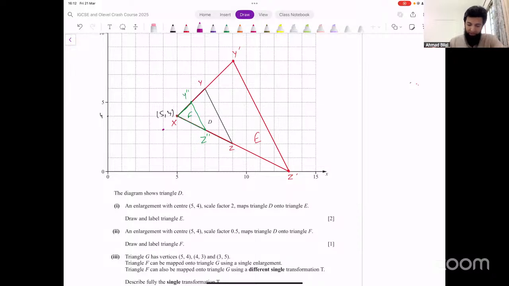And 3, 5, that's another point. This triangle is triangle G. Okay, now this is G.